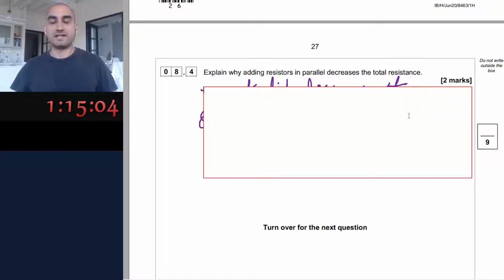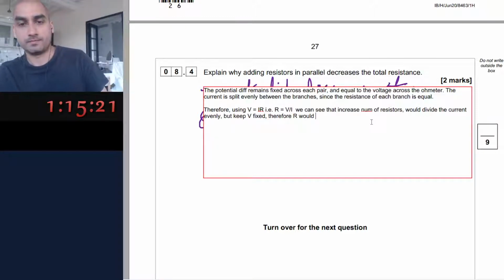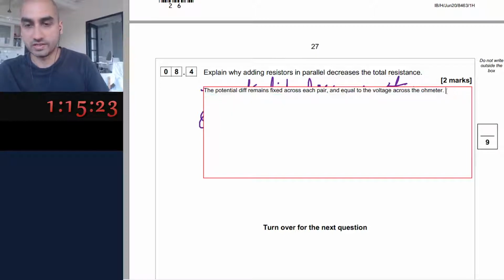How do you say that in a more rigorous scientific way? Okay, potential difference is fixed. That's true. Current is not quite what I said.